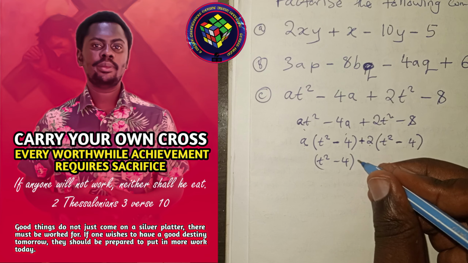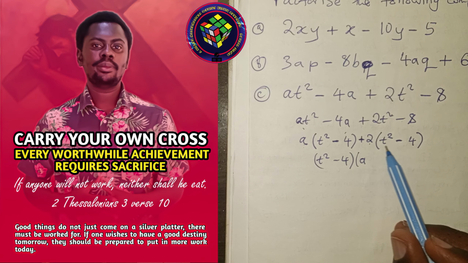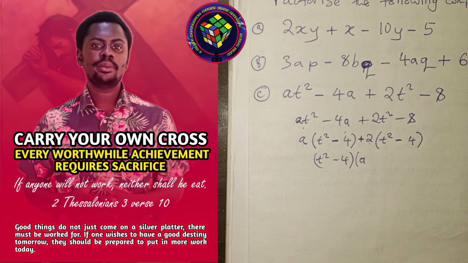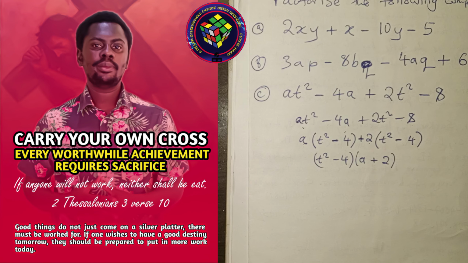A. So we have a. And again, when you divide out t squared minus 4 there, you remain with what? Plus 2. So there we are going to have plus 2. Are we done? We have t squared minus 4 and a plus 2.